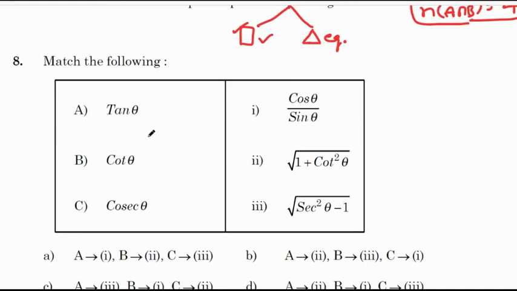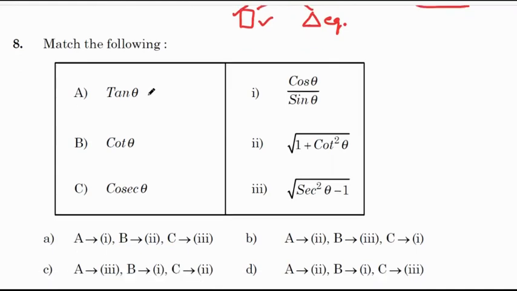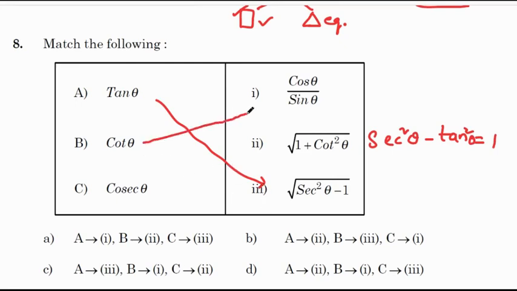Match the following. Tan theta will be matched with secant square theta minus 1. The reason is we know secant square theta minus tan square theta is equal to 1. So based on the identity, I matched A with 3. We know the cot formula as cos theta by sin theta, and cosecant theta can be expressed as root over 1 plus cot square theta.